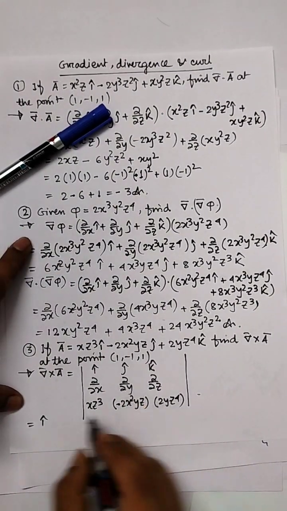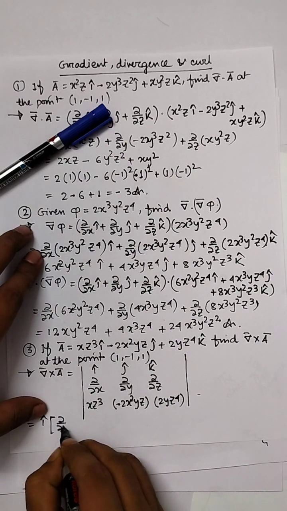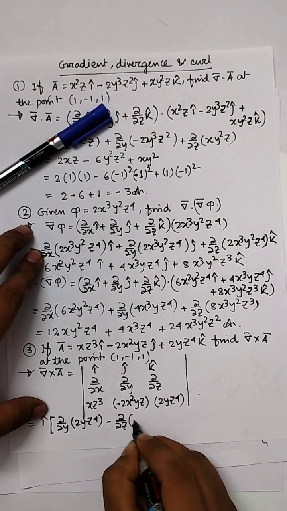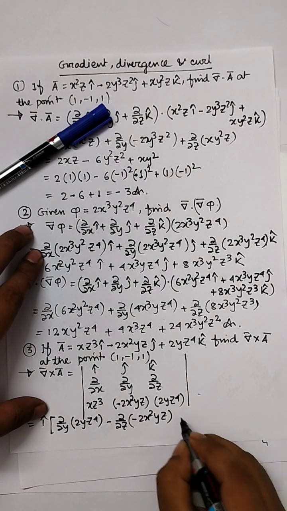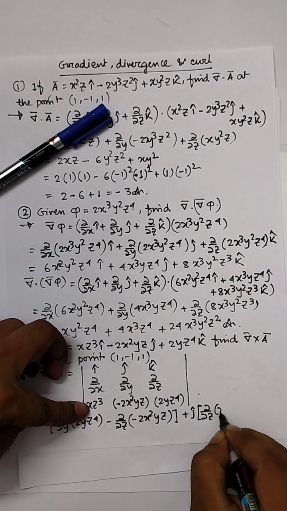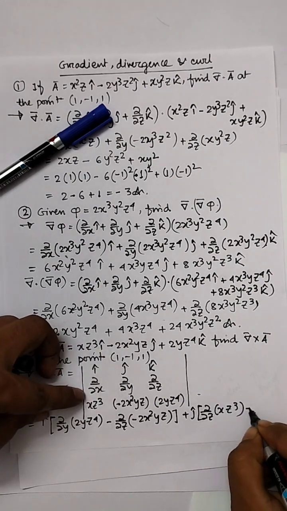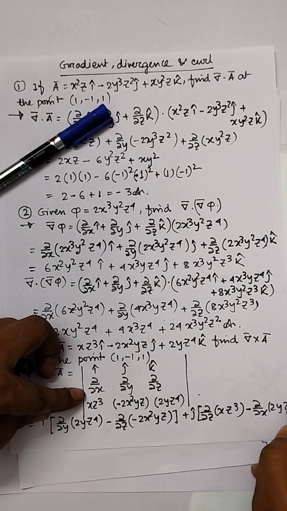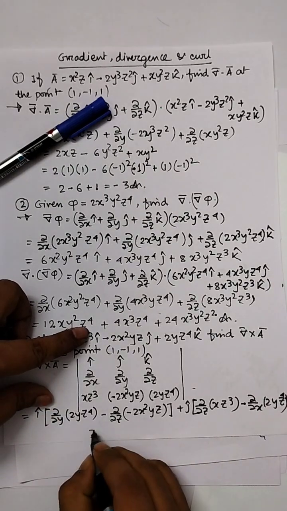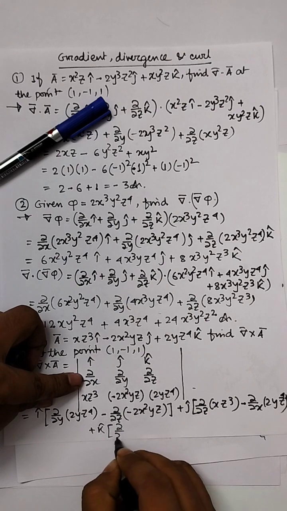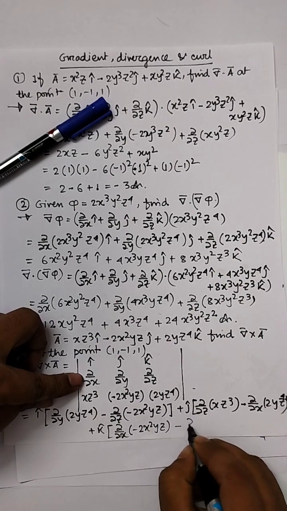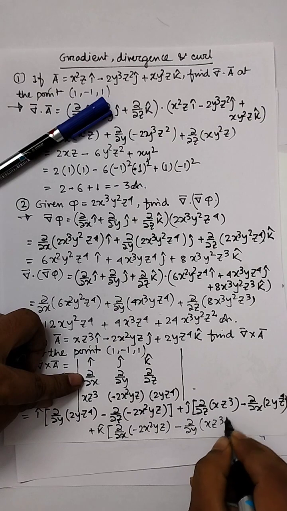That means i times the cross multiplication of this term: ∂/∂y of 2yz⁴ minus ∂/∂z of (−2x²yz), plus j of ∂/∂z of xz³ minus ∂/∂x of 2yz⁴, plus k of ∂/∂x of (−2x²yz) minus ∂/∂y of xz³.